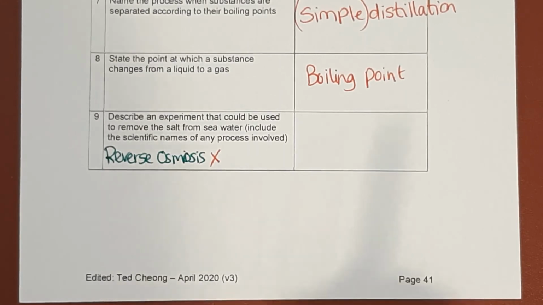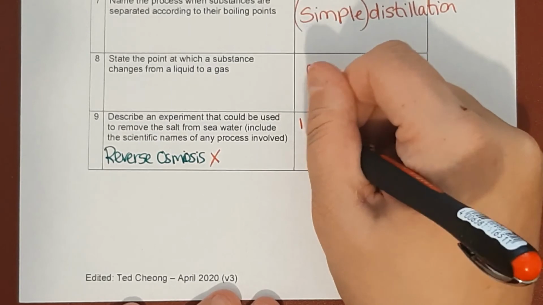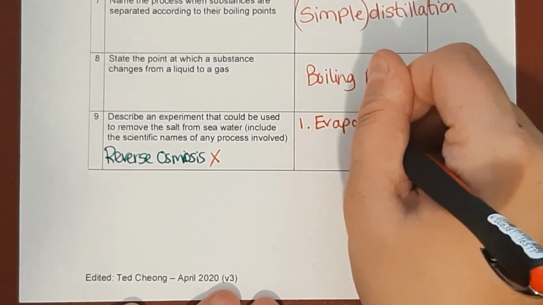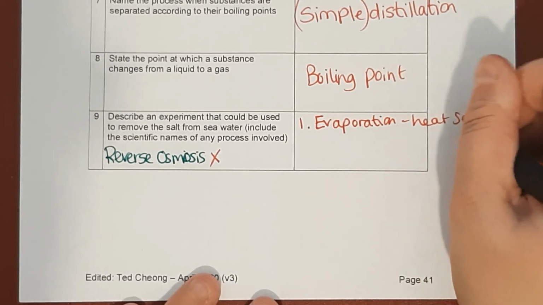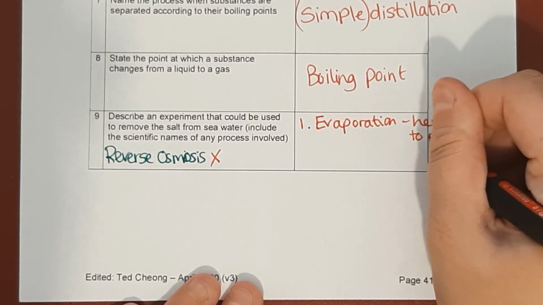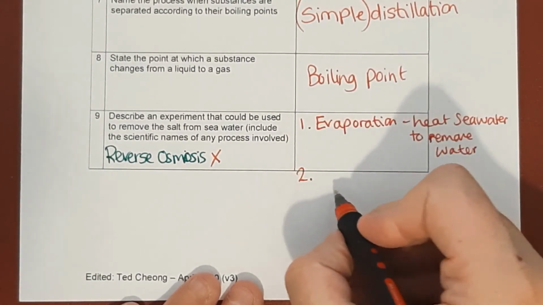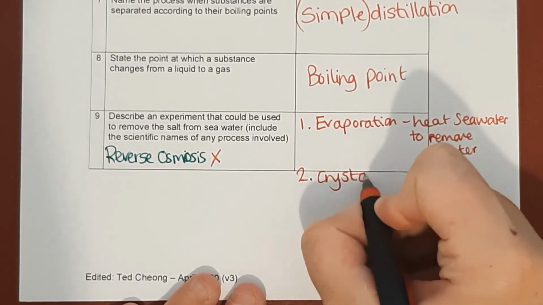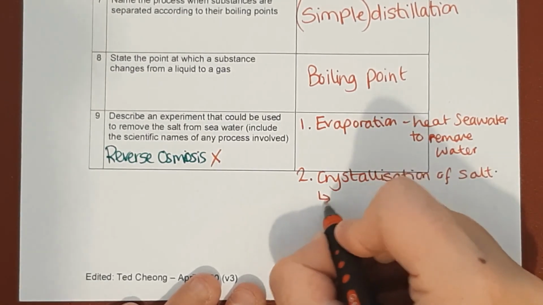What they're looking for is 1, evaporation. So you heat the seawater to remove water. 2, crystallization of the salt. So you just leave it in one place.